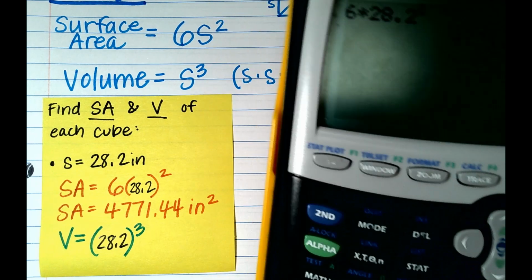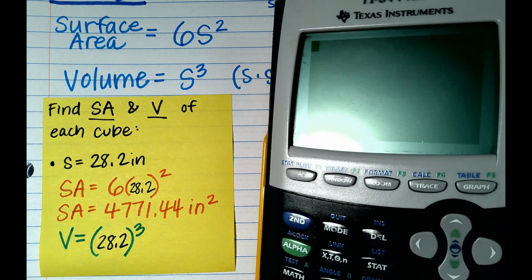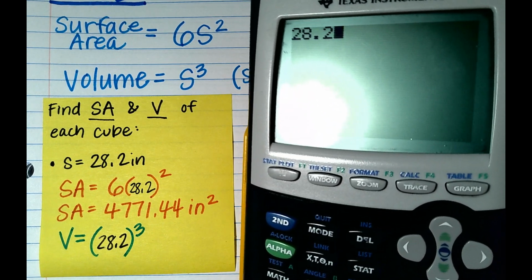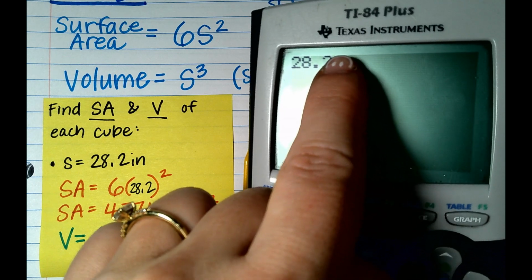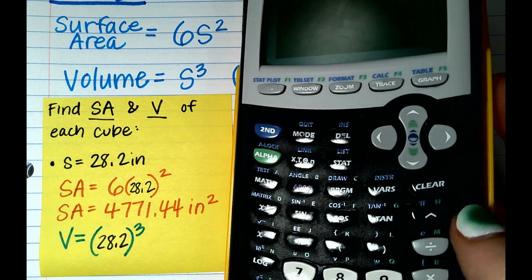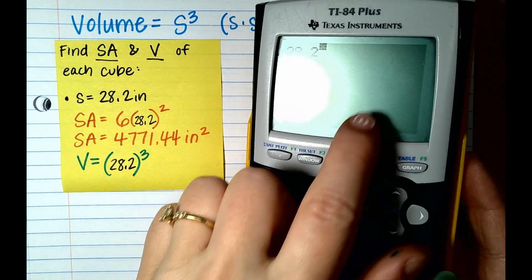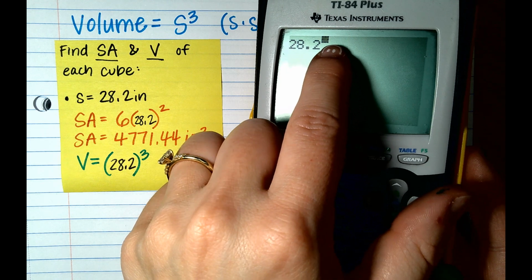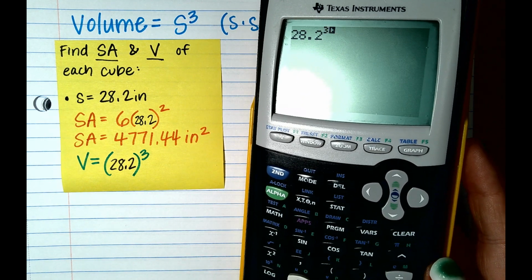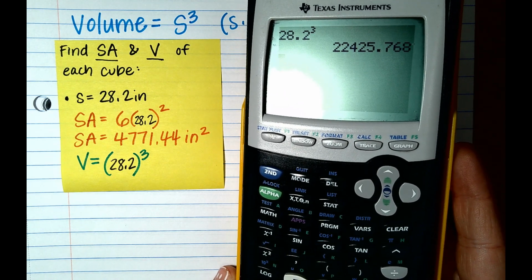We start by typing 28.2. Now to get a different exponent than 2, under your clear button, hit the up arrow. And now you'll see you've got a flashing box. Then you just type the number you want there, and in this case, we want 3. Hit enter. And there's 28.2 cubed.